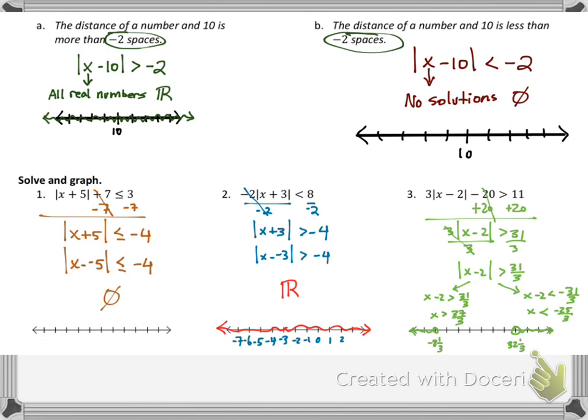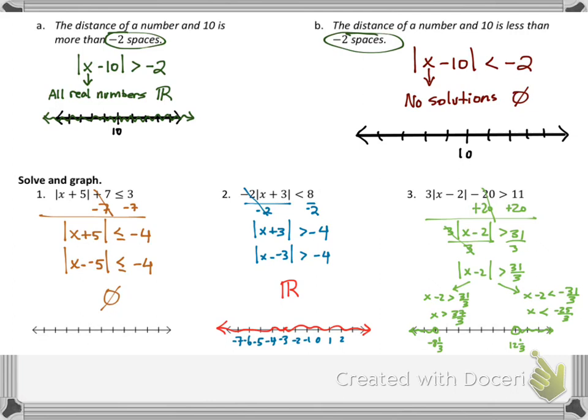Then I solve for x, and I get x is greater than 37 thirds, which is the same thing as, oh, I'm sorry, it is not 32 and 1/3, but it is 12 and 1/3. So anything greater than 12 and 1/3, or anything less than negative 8 and 1/3.